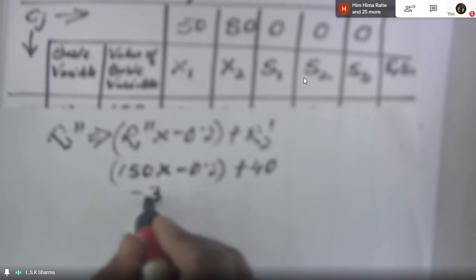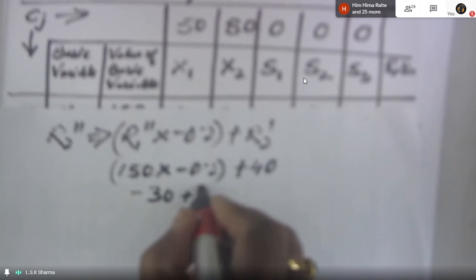How much is the value? 150 into minus 0.2 is minus 30.